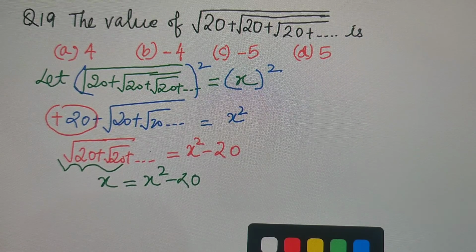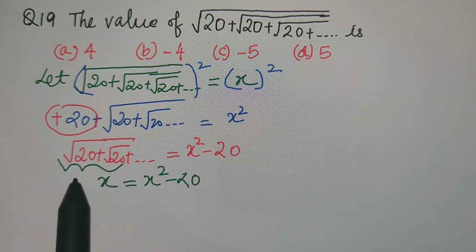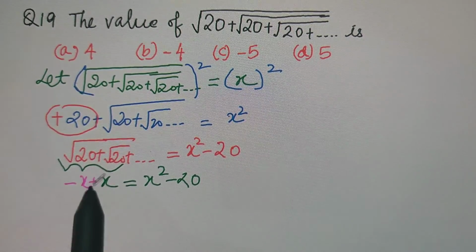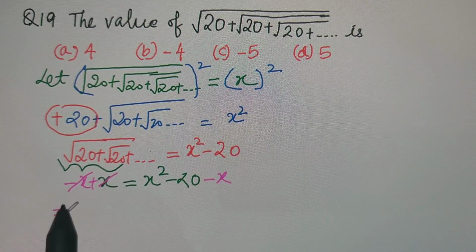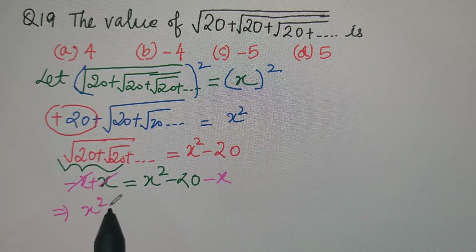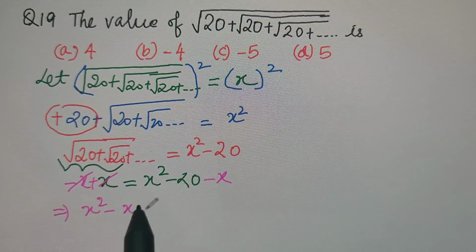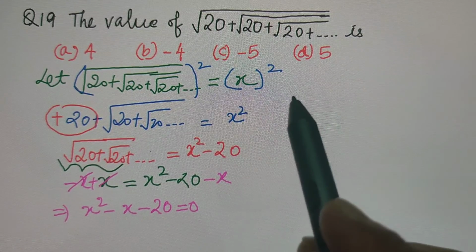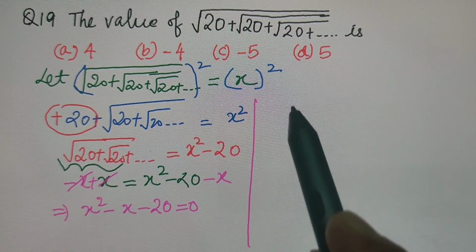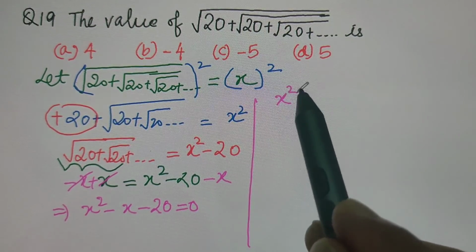Taking minus x on both the sides, this gets cancelled, so the quadratic equation becomes x square minus x minus 20 equal to 0.